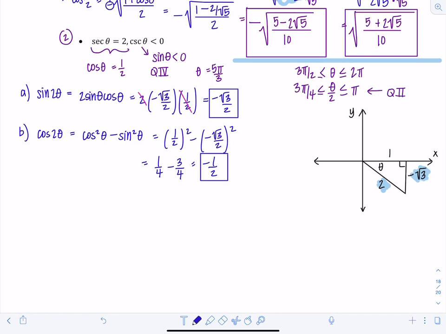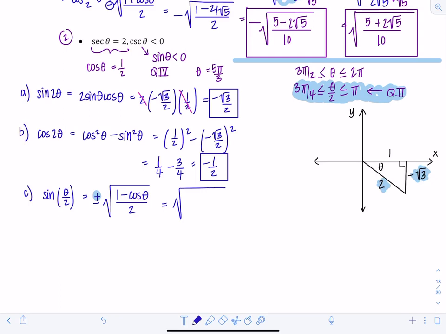Now for the half angle formula. So part C, sine of theta over 2 equals plus or minus the square root of 1 minus cosine theta over 2. Now let's think. We determined that theta over 2 is in quadrant 2. So is sine positive or negative there? Well, the y values are positive in quadrant 2, so I'm going to choose the positive radical.